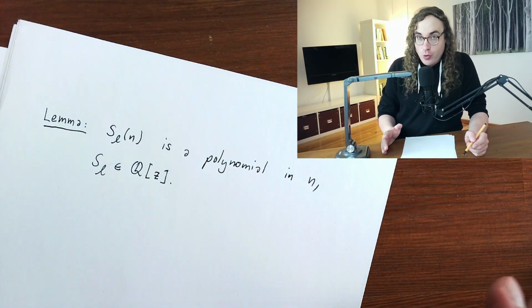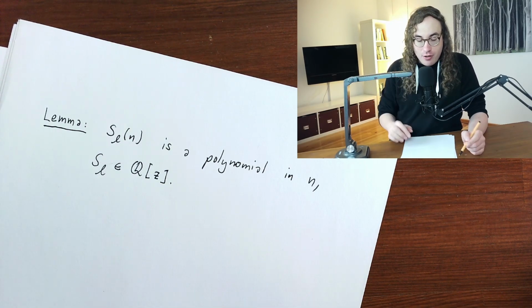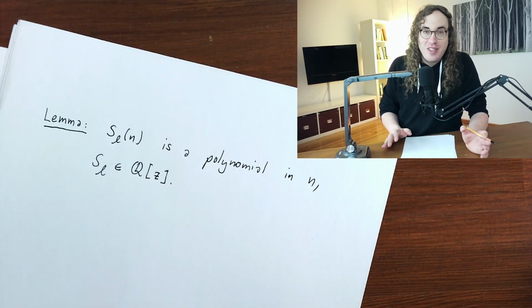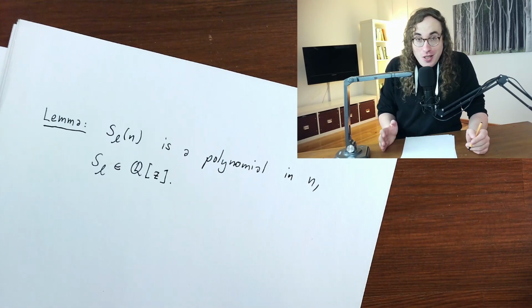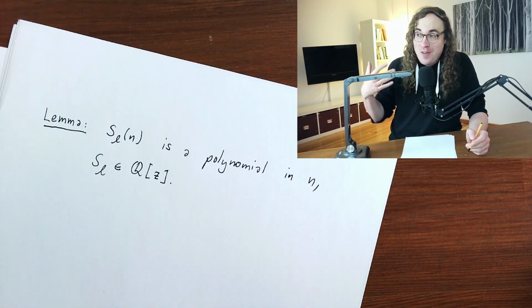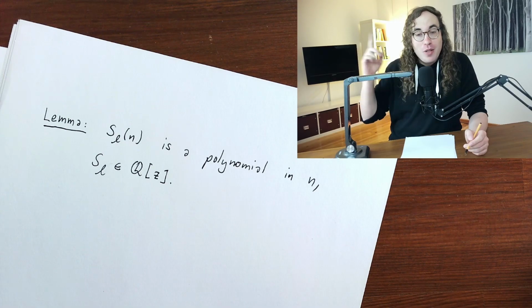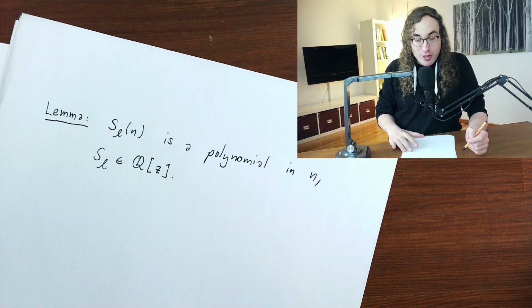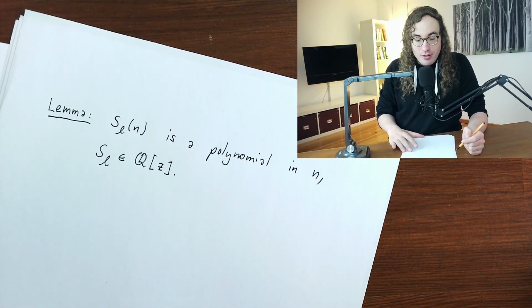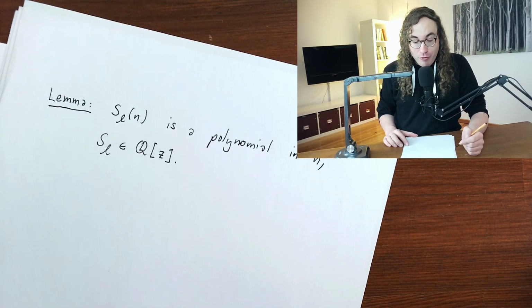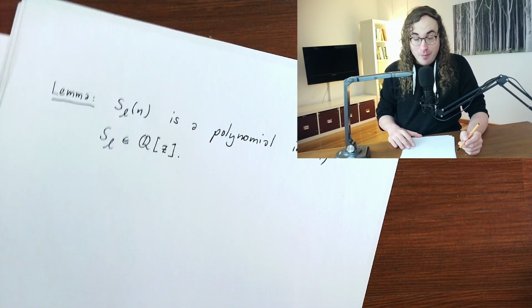Now, this is easy to prove, and I will prove it later, because the fascinating thing about the proof is that we will actually not need to know what this polynomial is, nor really anything about it. All we need to know is that it is a polynomial. So let's prove this later. Let me just show you what it is good for to know that it is a polynomial.